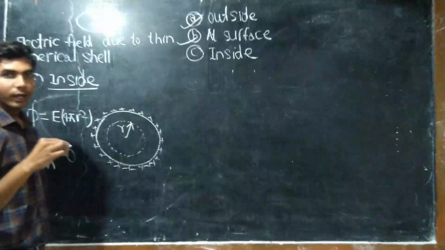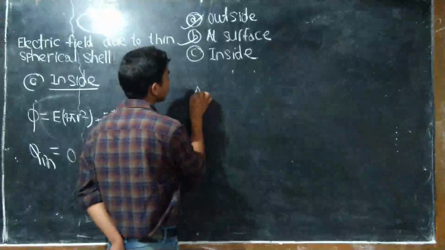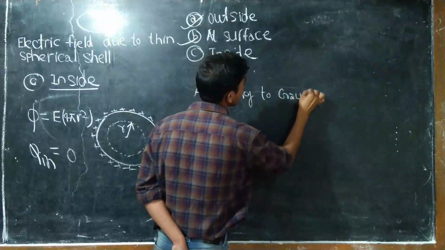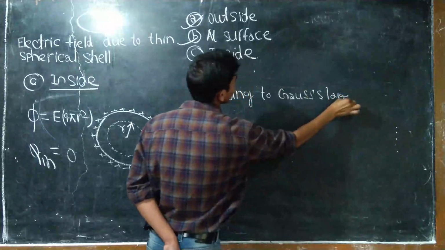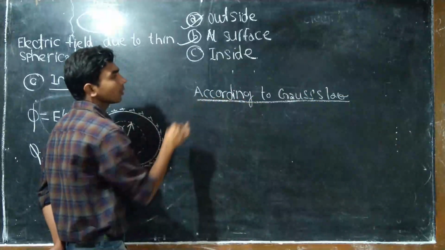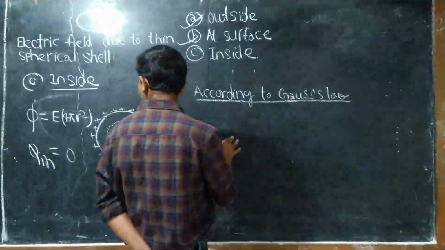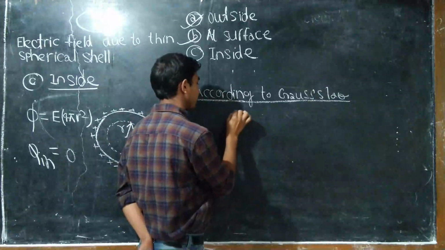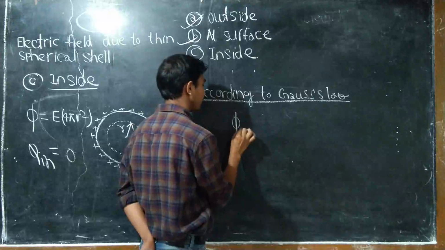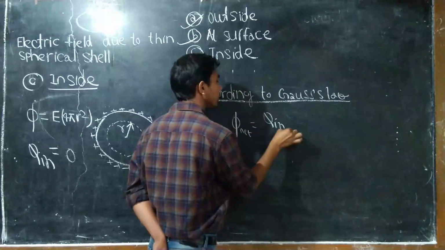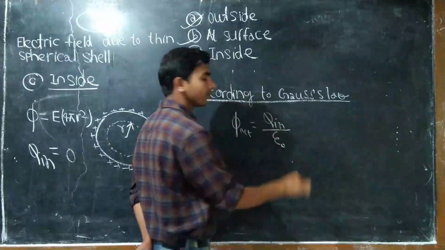According to Gauss law, flux is Q in by epsilon 0.